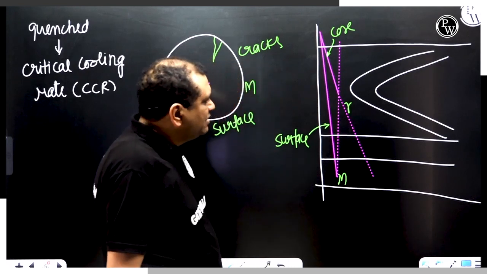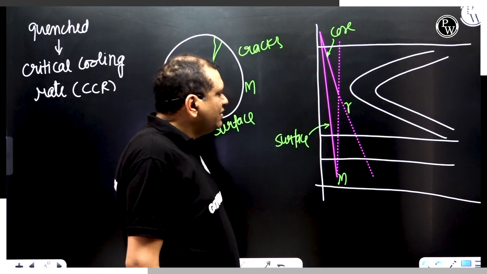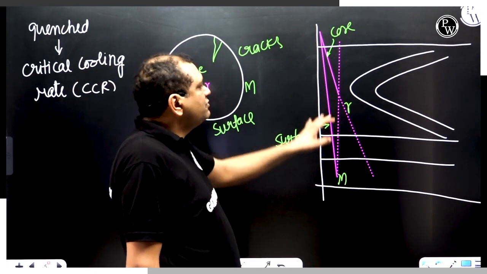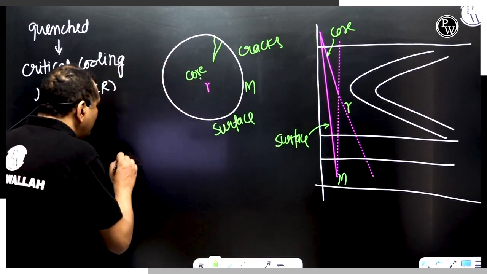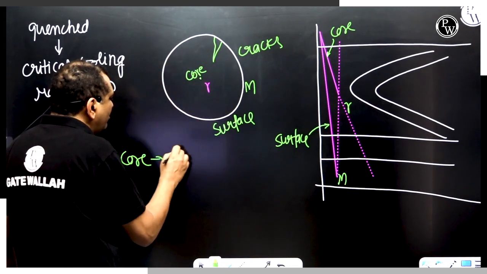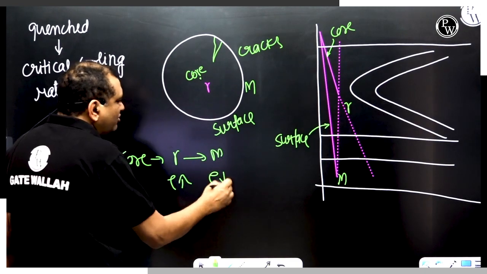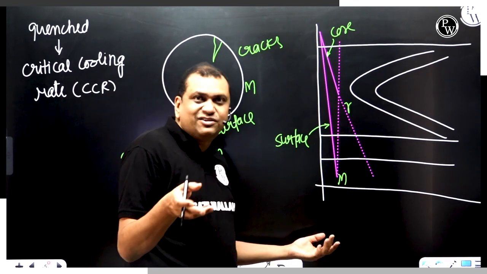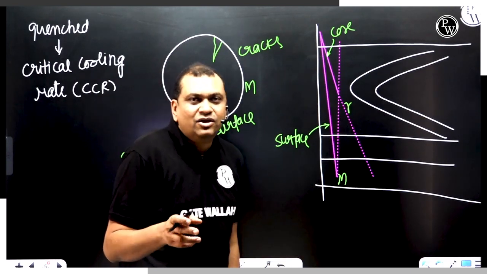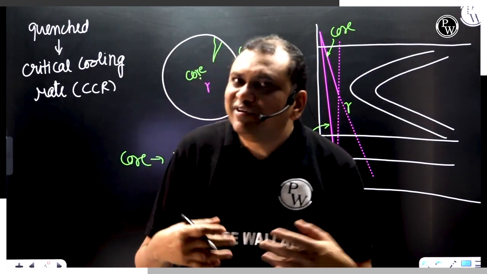After some time, the core converts into martensite. So the core goes from austenite to martensite, meaning high density to low density.